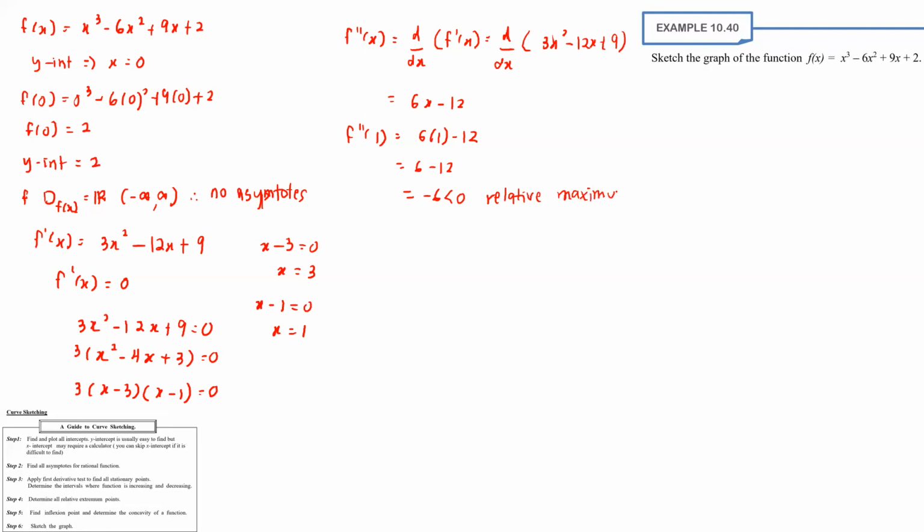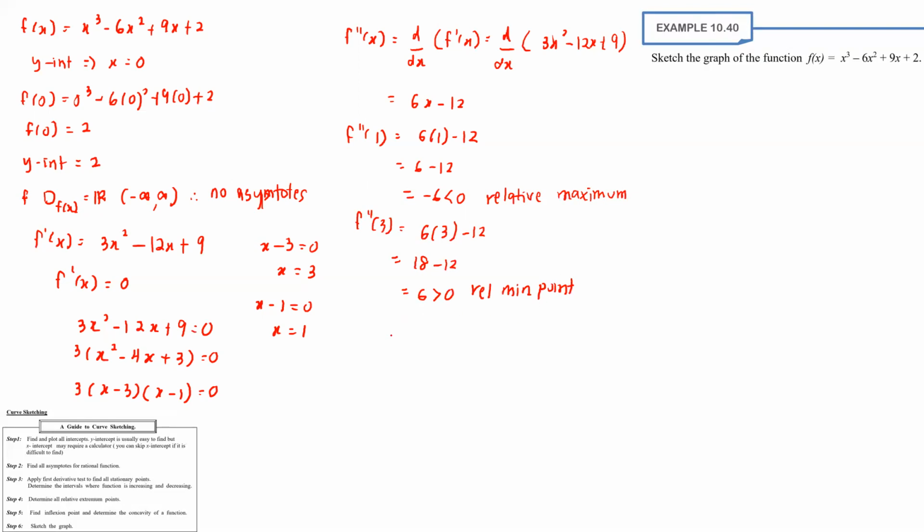How about f double prime of 3? 6 times 3 minus 12, so 18 minus 12 equal to 6. 6 is greater than 0, so this is a relative minimum point.